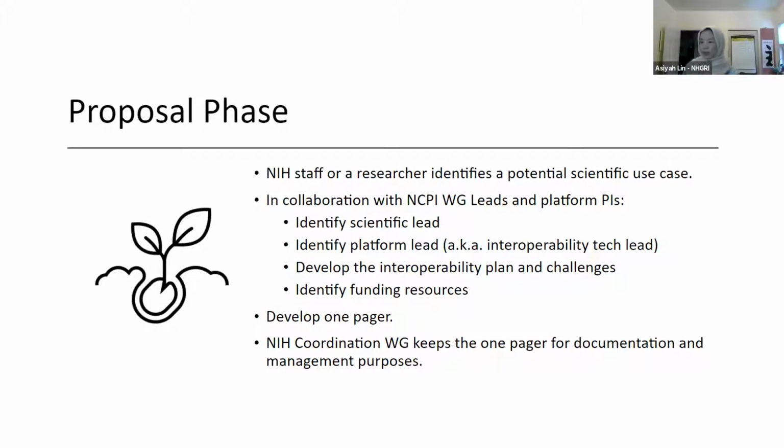Then develop the interoperability plan and identify the challenges to overcome to achieve the interoperability. Then the funding resources need to be identified in order to implement this interoperability use case. While all these things are being figured out, a one-pager will be developed, and the NIH coordination working group will keep this one-pager for documentation and tracking purposes.